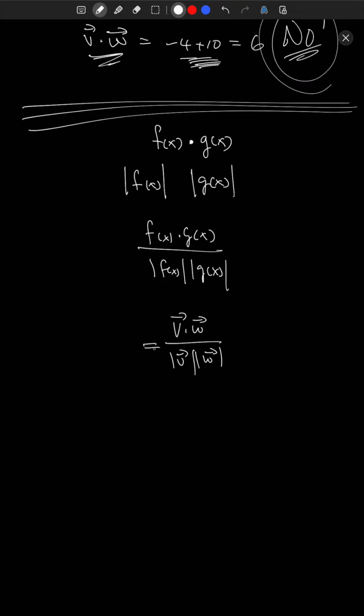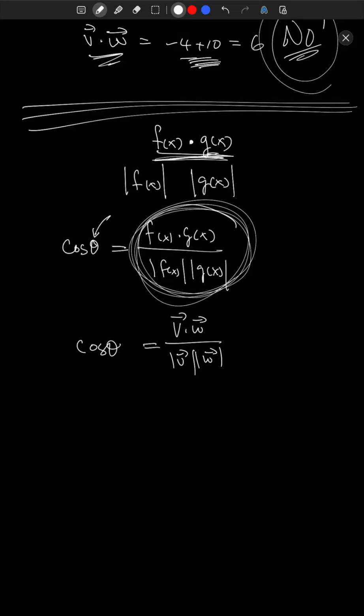In the vector setting, this is equal to cosine of theta. So in more advanced settings, you can actually define the concept of the angle between two functions using this idea here.